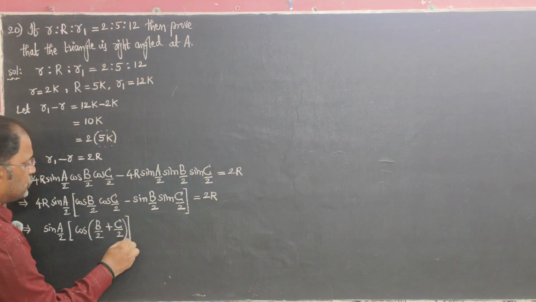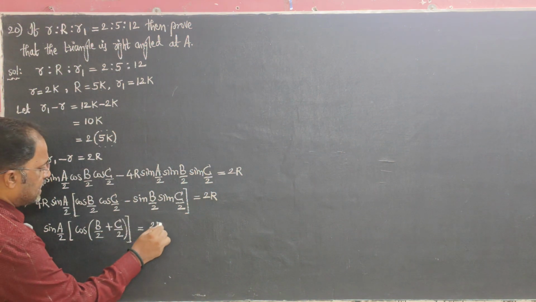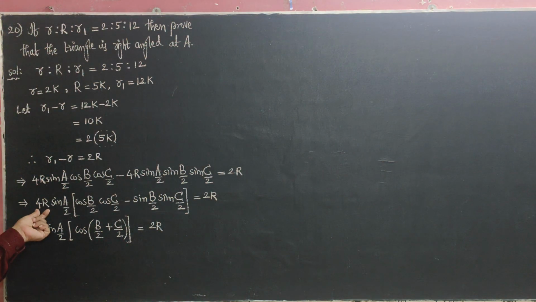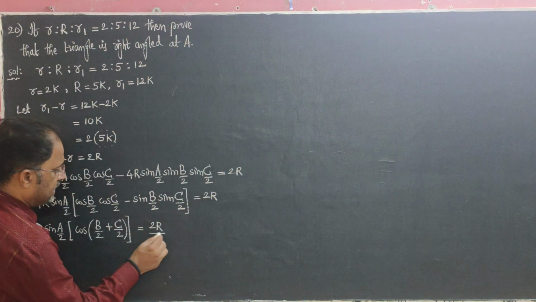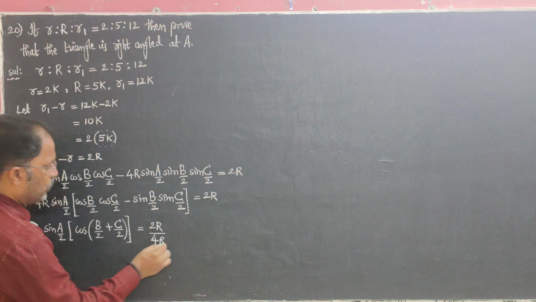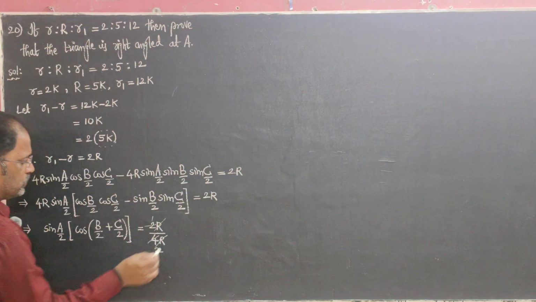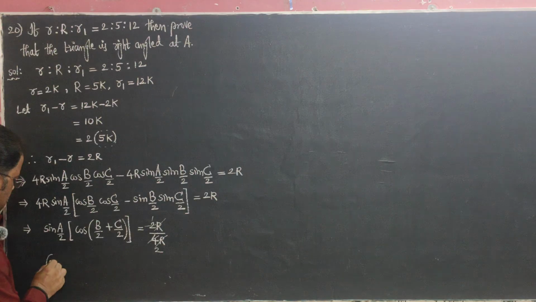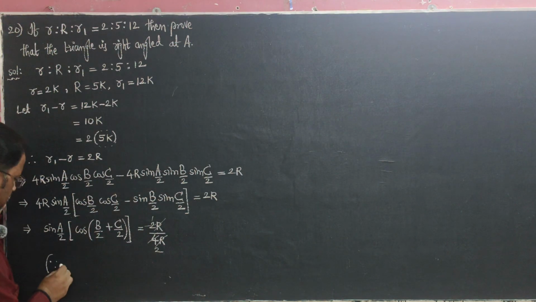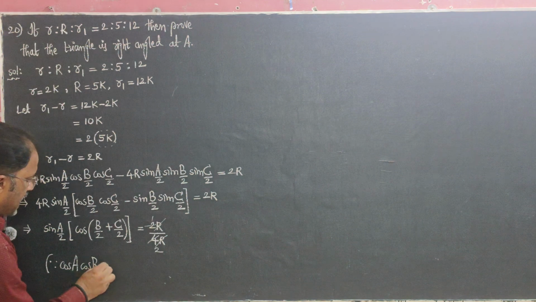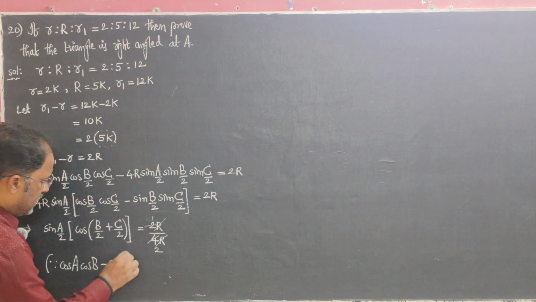Clear? Equals 2R as it is, and see, यहाँ पे अपन 4R मिस कर दिए. 4R is in multiply, it will become divide on the next side. Okay, divide by 4R. So R gets cancelled, and 2 1s are 2, 2 2s are 4. Clear? This answer is by the formula cos A cos B minus sin A sin B.